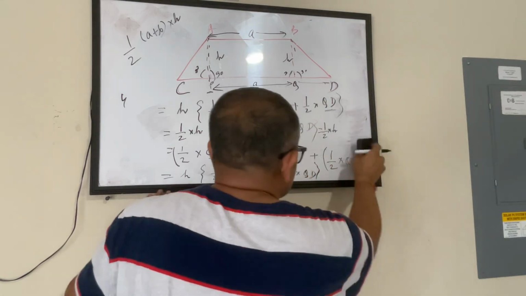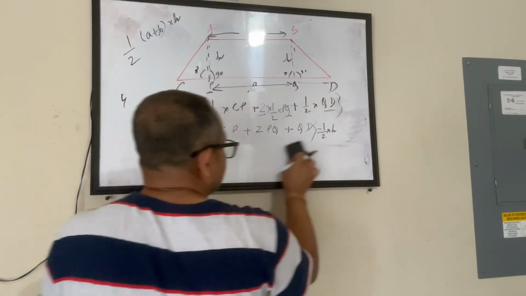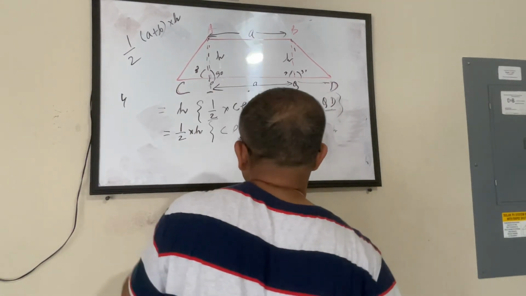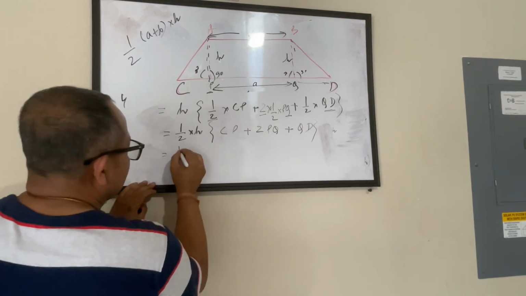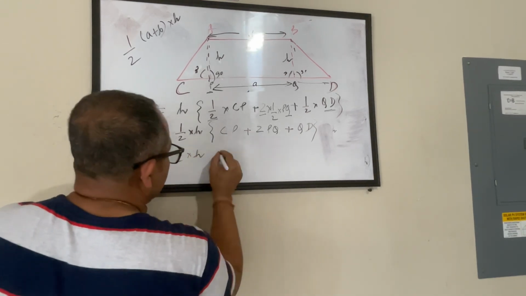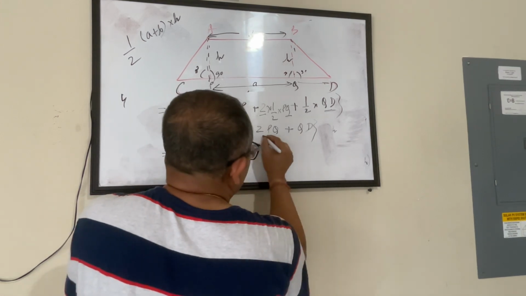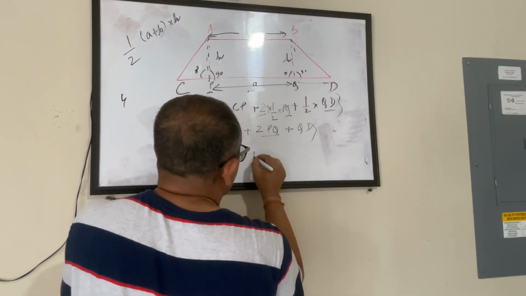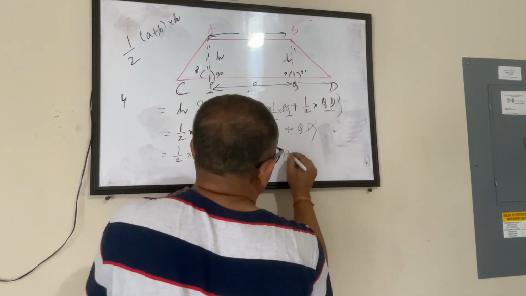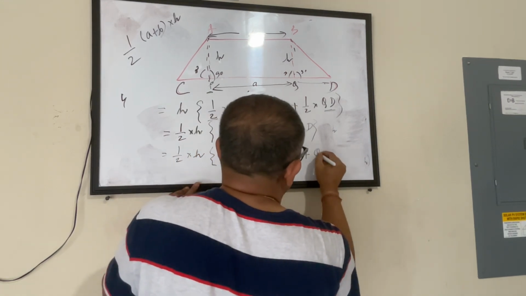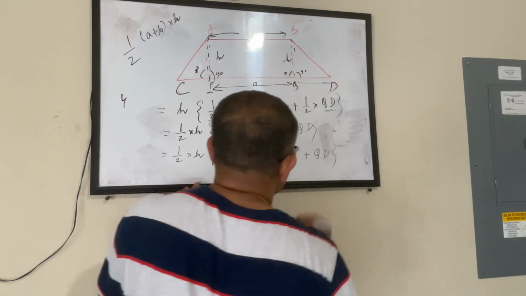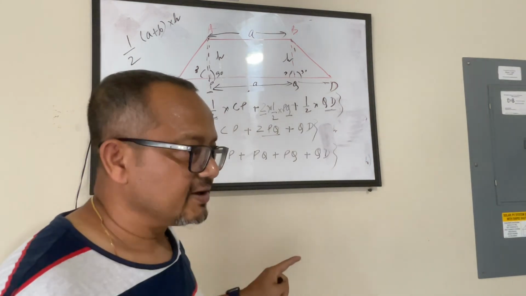Now I am taking out the last line to create some space. My equation has become half into H, CP plus 2PQ. I will break it into two parts: PQ plus PQ, plus QD. Okay.